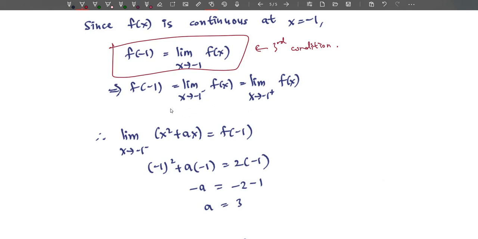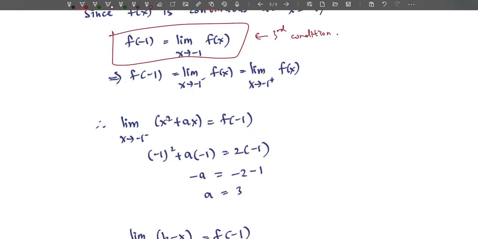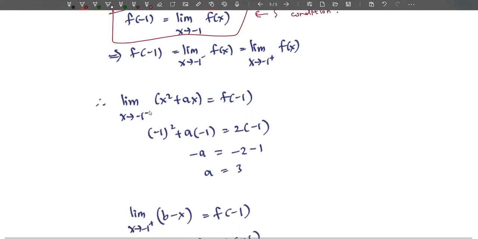You need to rearrange the functions so that it will be helpful for you to solve the question. From here we have this function, and substitute the value of -1.